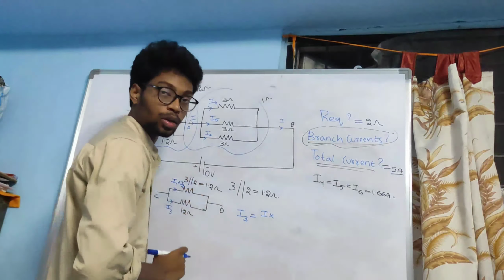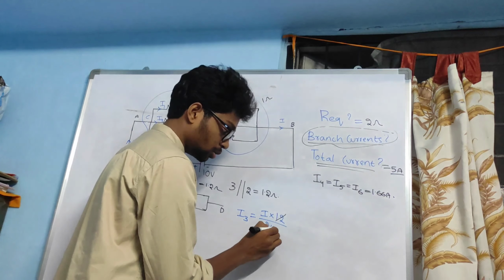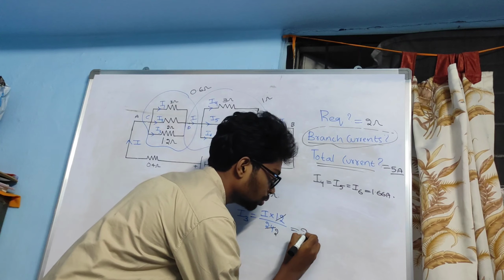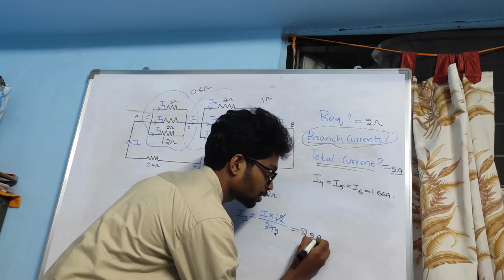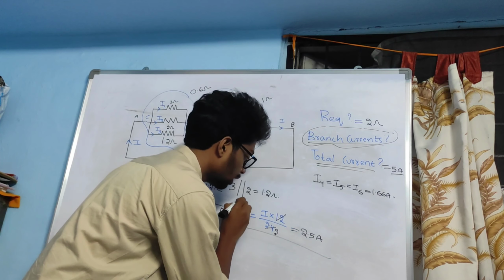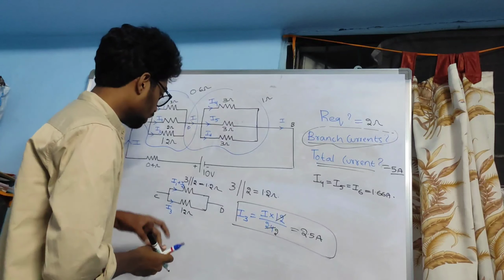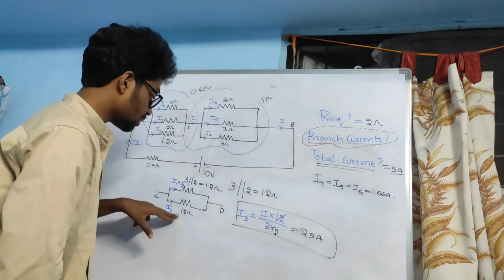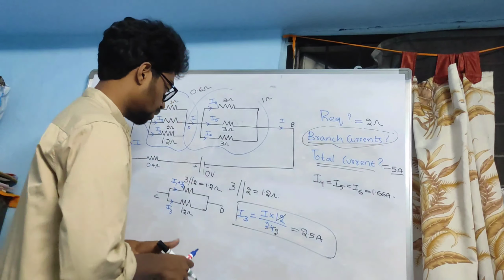So total current divided by 2, that is equivalent to 2.5 amperes. Rather than going by the current division rule, you can just tell, as two resistors are connected in parallel with equal resistances, just divide total current by 2. You will get 2.5 amperes, same current.